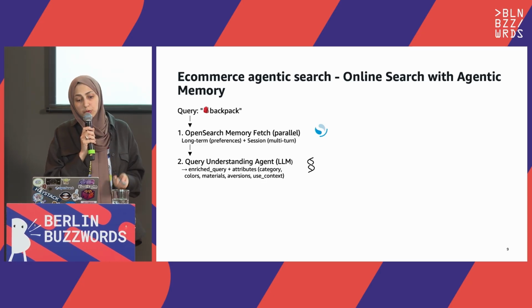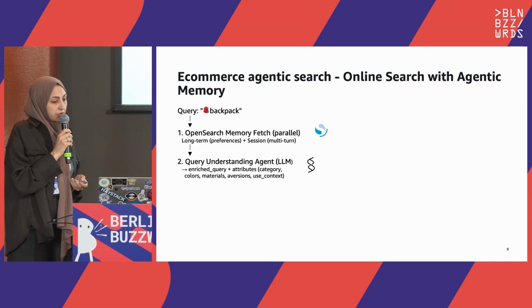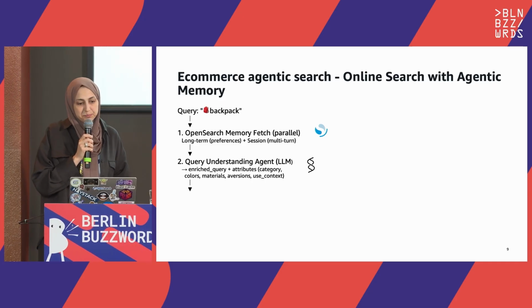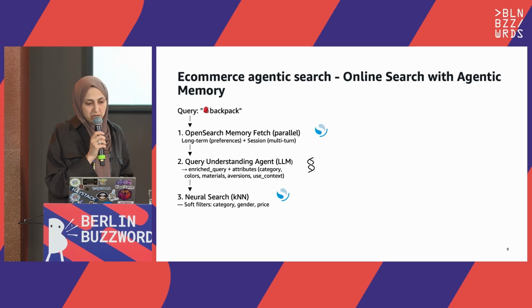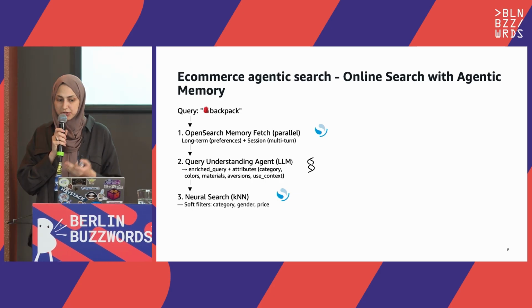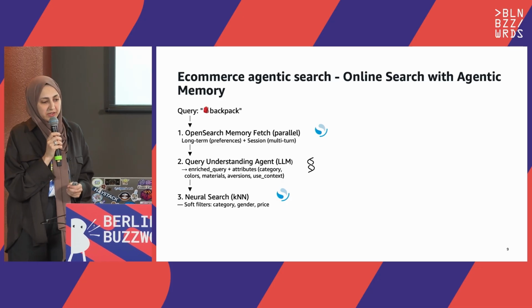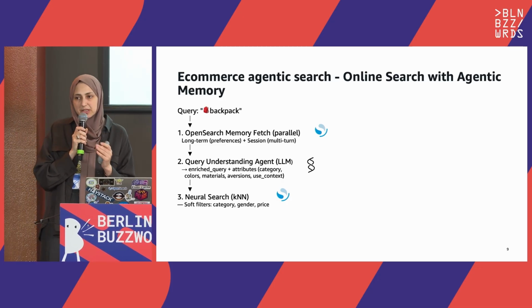The agent will automatically enrich the query with the attributes captured from the user preferences. You can run the neural search query here. I'm saying neural search, but you can have hybrid search, lexical search, you name it. In terms of filtering for the query rewriting, this highly depends on your preferences.